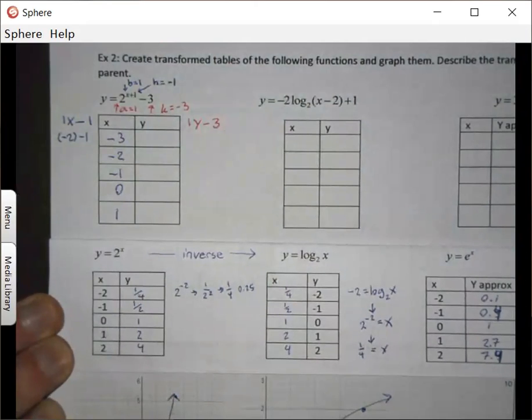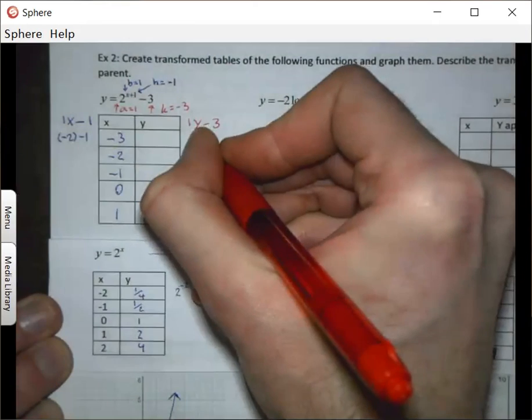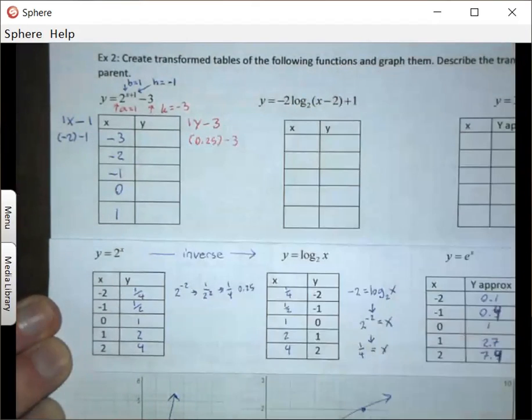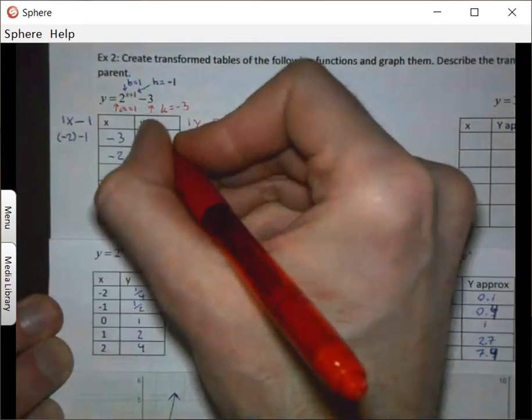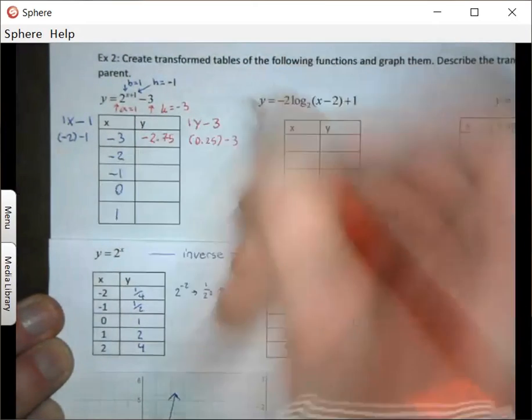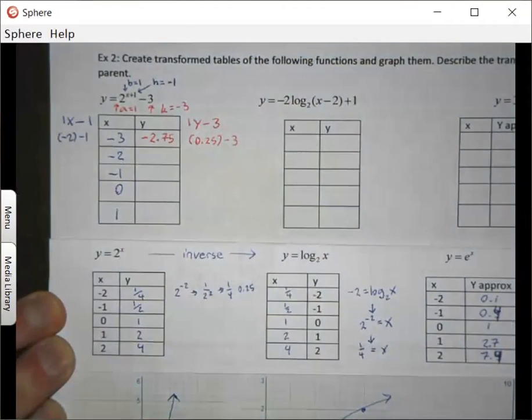So a quarter, or 0.25 minus 3, 2.75, negative 2.75. A half minus 3, negative 2.5.